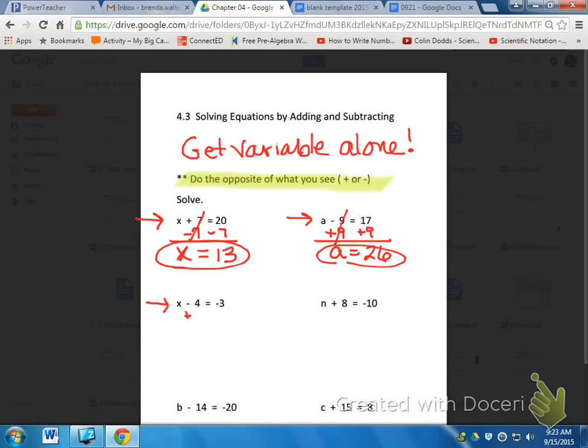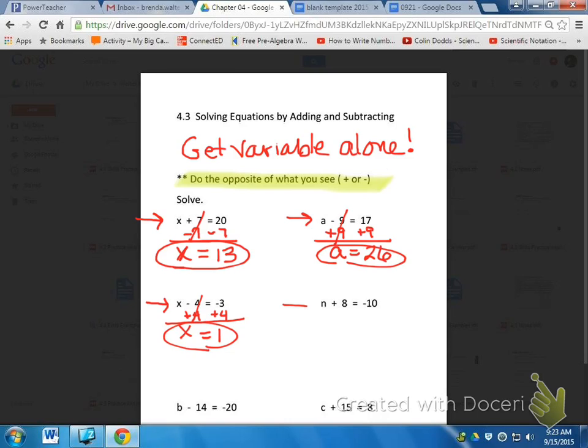You're going to add 4 here and add 4 on the right below the negative 3 and draw your line. Sierra, what am I going to bring down below that line? X equals, if I'm in the hole 3 and I gain 4, where would I be? 1. X equals 1.